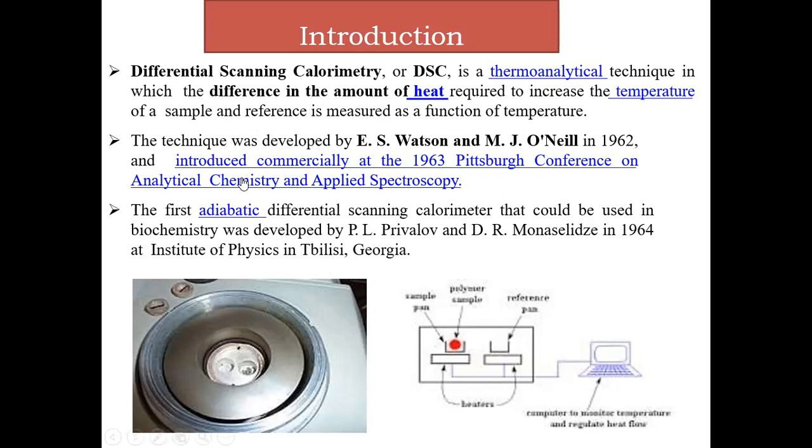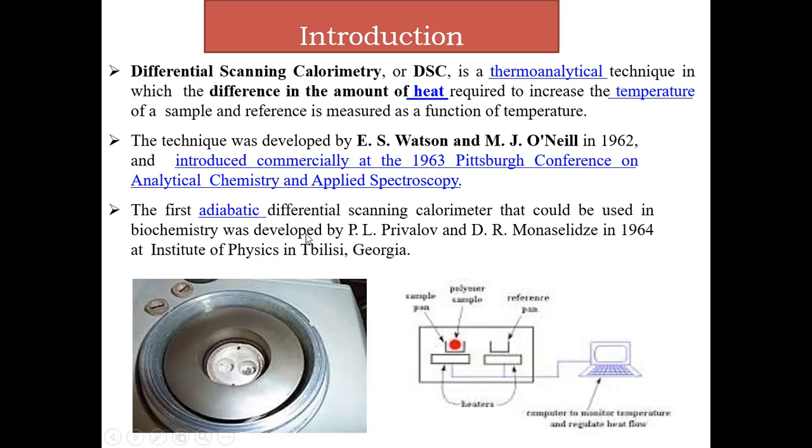This technique was first developed by E.S. Watson and M.J. O'Neill in the year 1962 and introduced commercially at the 1963 Pittsburgh Conference on Analytical Chemistry and Applied Spectroscopy. Even though it was developed in 1962, it became commercial in 1963.